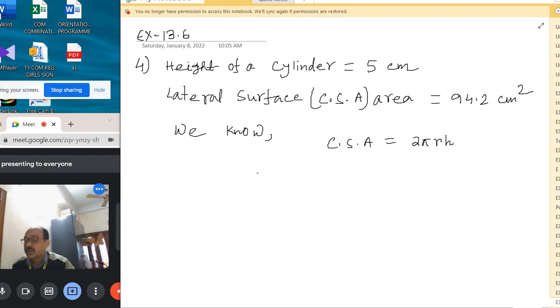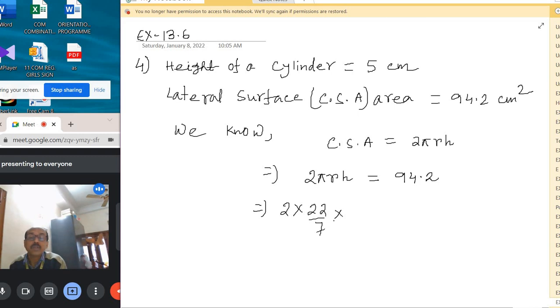and 2 pi rh equal to 94.2, it is given in the question. Now 2 into 22/7 into radius is not given.